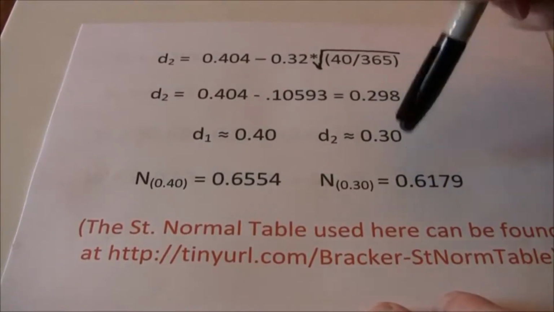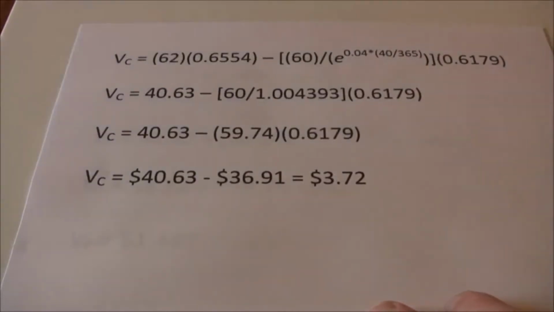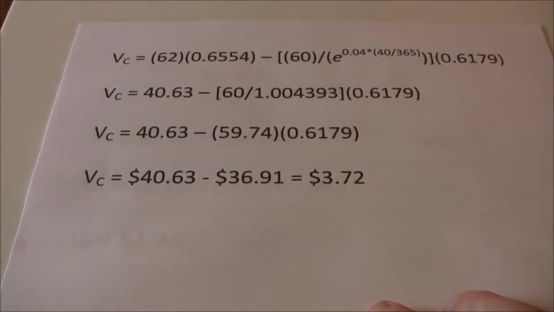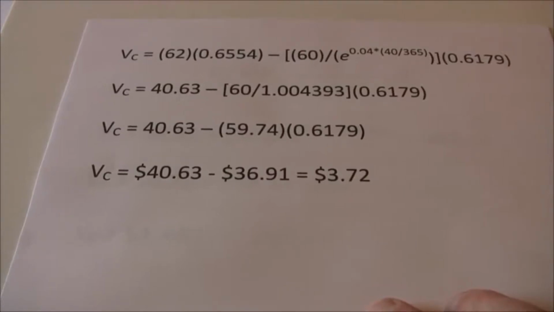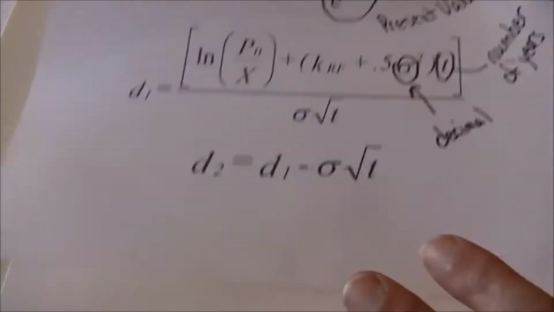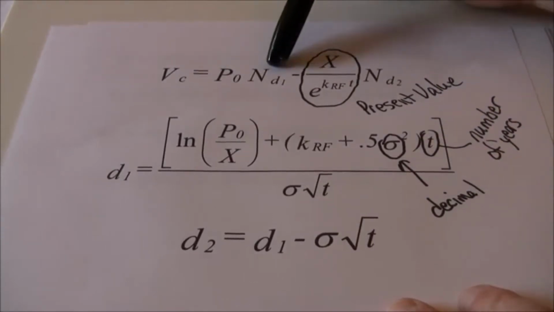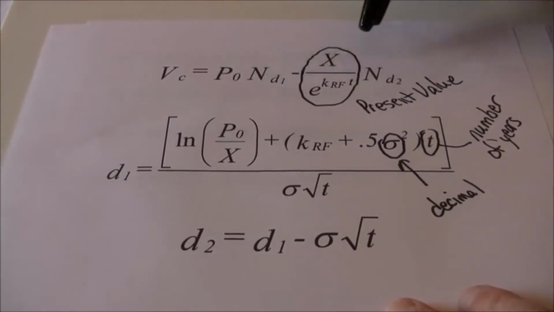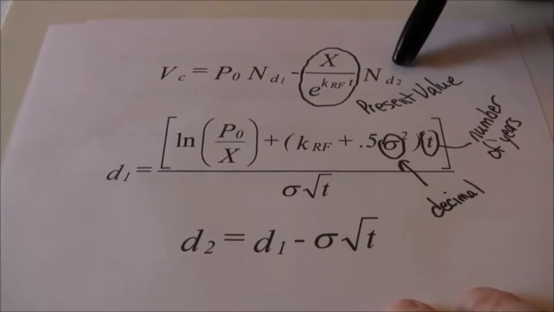Once we have those, now we can go back to the value of the call formula. If you remember when we introduced the formulas, we said that the value of the call, let me just find that formula here real quick, was equal to P0 times ND1, which we've now looked up, minus the present value of the exercise price times ND2.